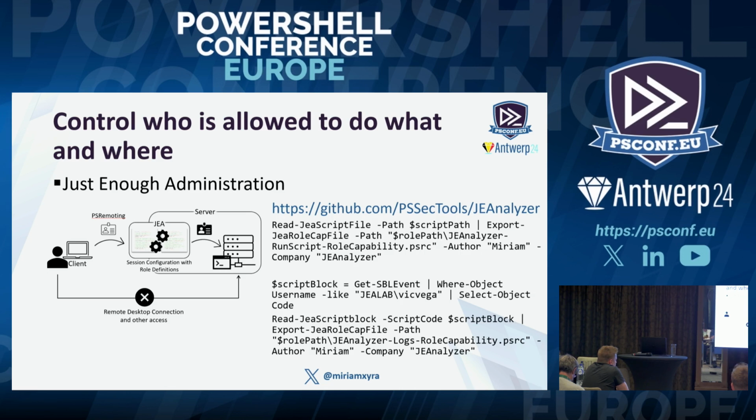Another feature JEA Analyzer provides is to also read script blocks and turn them into a JEA configuration. So you can, for example, pipe the event log. You can enable that all script blocks are being logged. We get to that point later. And with that log, you can pipe that into JEA Analyzer and create your very custom JEA endpoints.